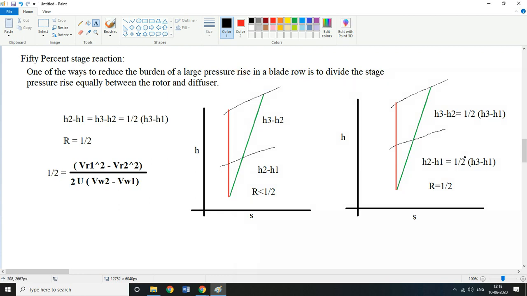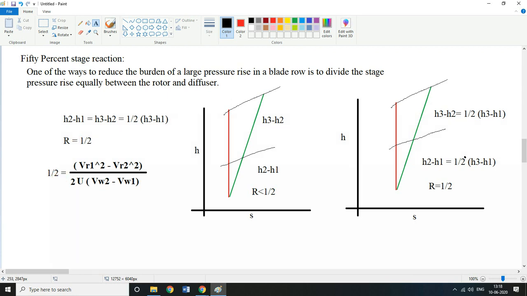If you take that condition, it means the difference in enthalpy from 1 to 2 will be equal to the difference in enthalpy from 2 to 3. So that is half of 1 to 3. Half of 3 to 1 will be equal to this one as well as this one. With that assumption, your degree of reaction will become half.